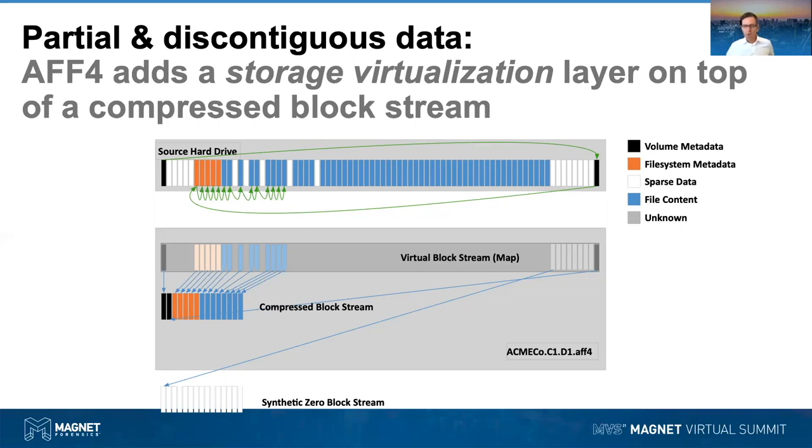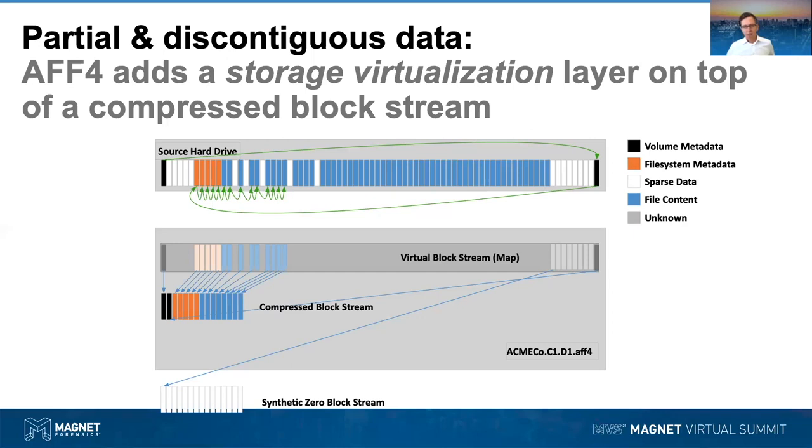We don't actually compress those and store them in the compressed block stream. What we do is we synthesize those at runtime as blocks of all zeros. It's similar, if you're coming from the Unix world, to the dev zero device. But we can actually represent large areas of sparse blocks in the image in only a few bytes.